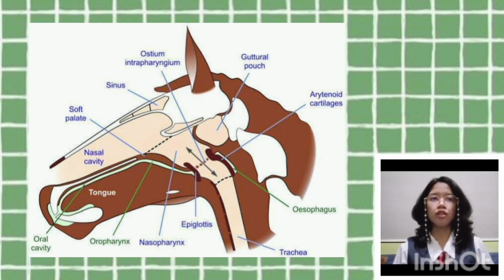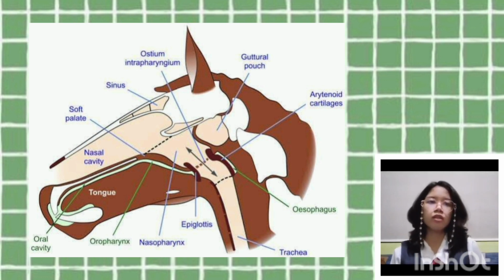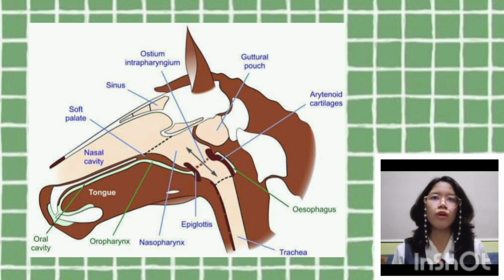Ingestion and the initial steps of digestion occur in the oral cavity. Mechanical digestion begins as food is cut, smashed, and ground, which makes it easier to swallow and increases its surface area.